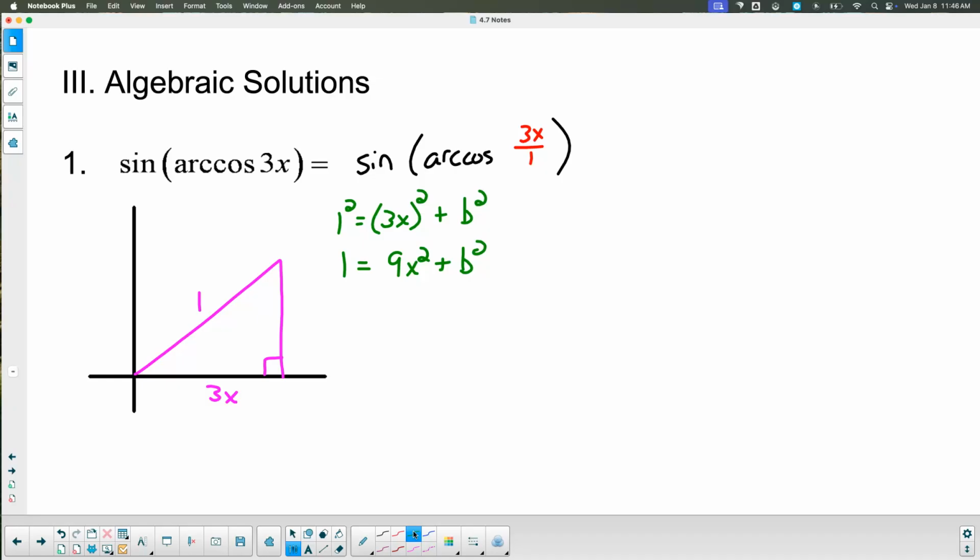I need to solve for b. What do I do next? Subtract 9x squared. Then square root. So b is the square root of 1 minus 9x squared.